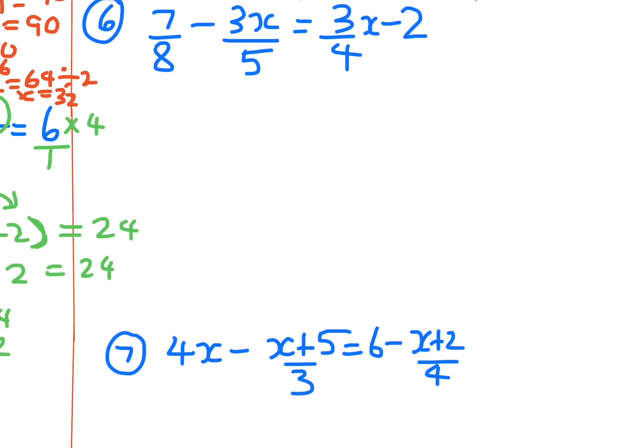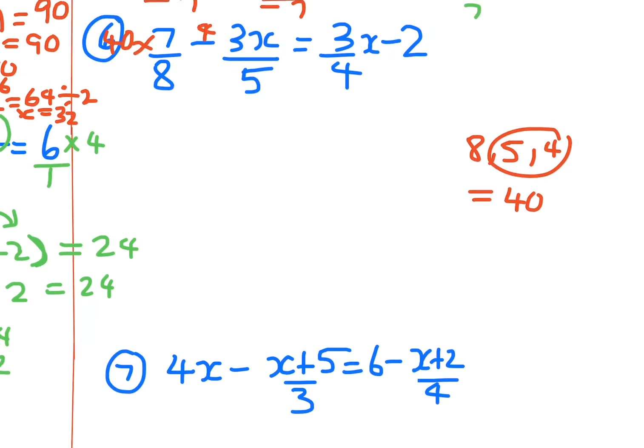Okay, so looking at this one here, what is something that all those numbers will go into? 8, 5, and 4. Now, it's not 20, but if you double it, what about 40? They all go into 40. So if I multiply everything by 40, then all of these numbers should cancel out.